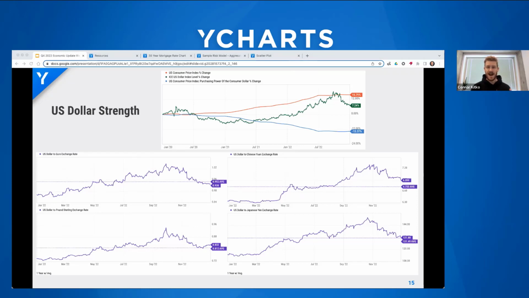All four rates are now back to that one-year average, which is still a relatively positive picture for the US dollar, anyone holding US dollars, and any US travelers who are heading abroad this year. These currency pairs are anywhere from 5 to 15% off of those peaks that we saw last year.